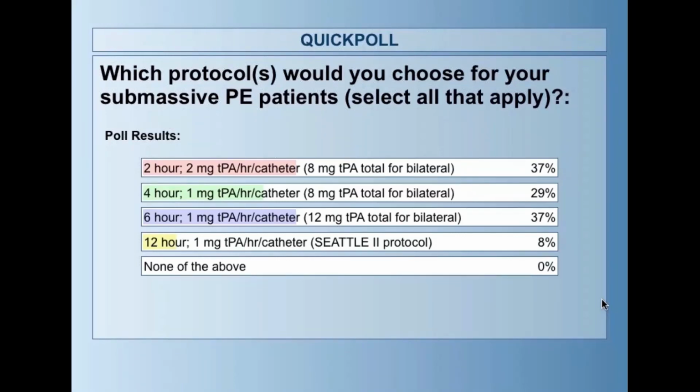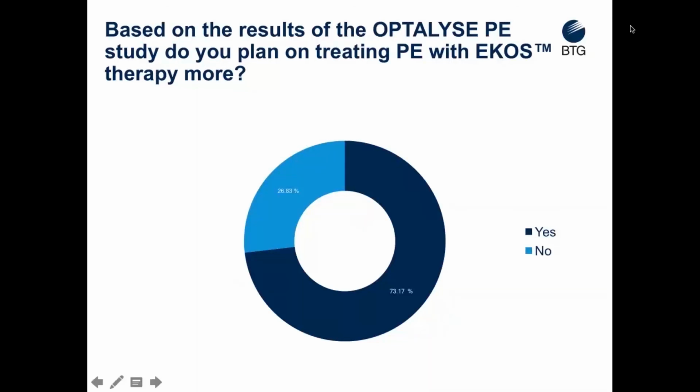So let's move on. What I do want to share with you, which I also think is just as interesting, is that EKOS did a survey among operators, from all different specialties, about 60 operators, that were asked the question, based on the results of OPTALYSE, do you plan on treating PE with EKOS therapy more? And an overwhelming response, about 73%, said they would.